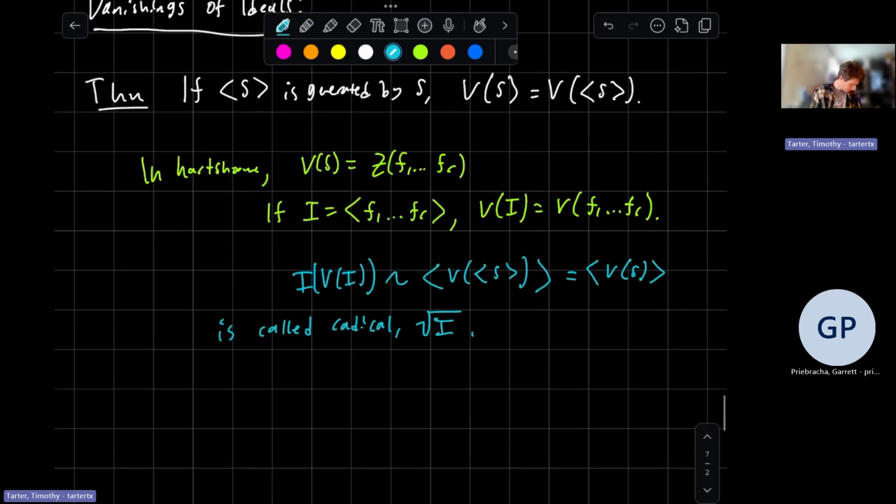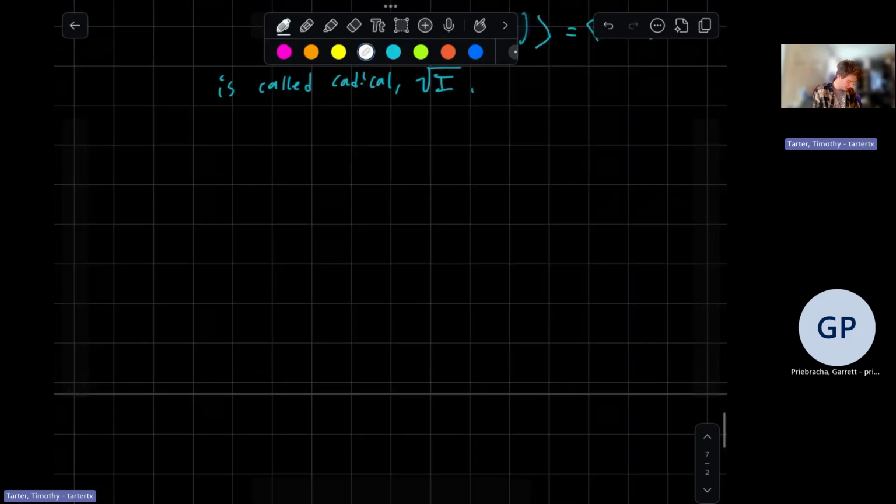So anyway, I'm just drawing the correspondence here between books.